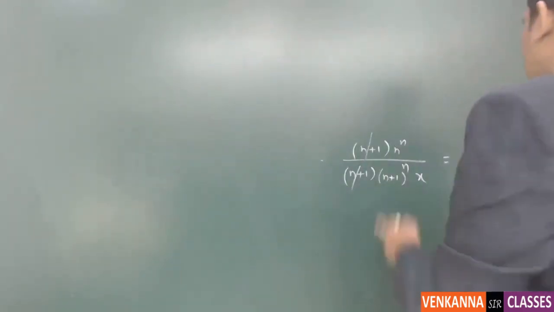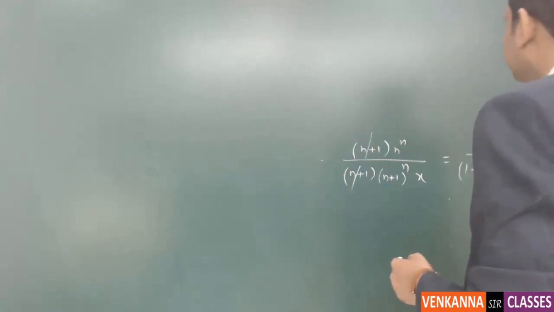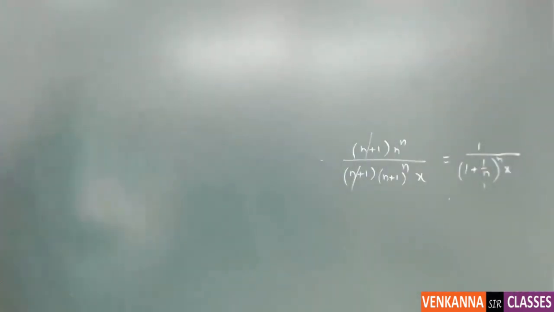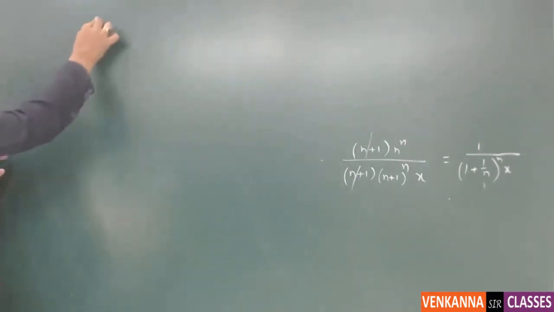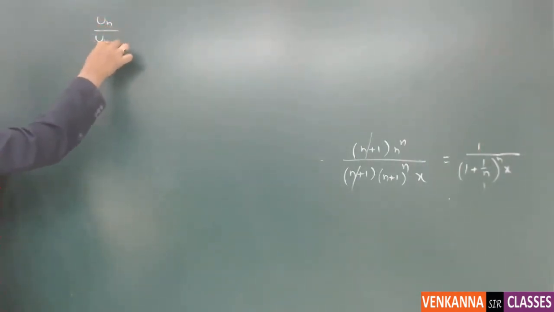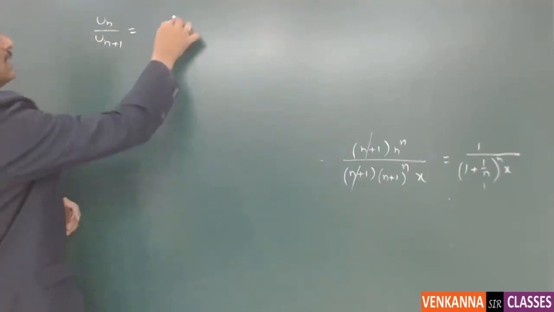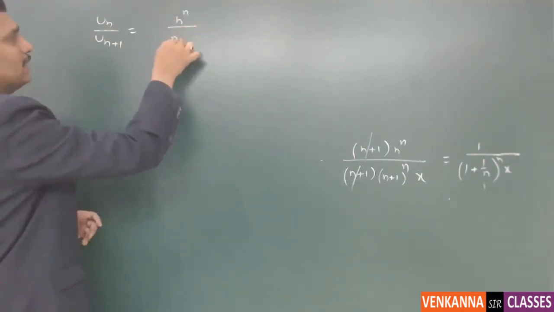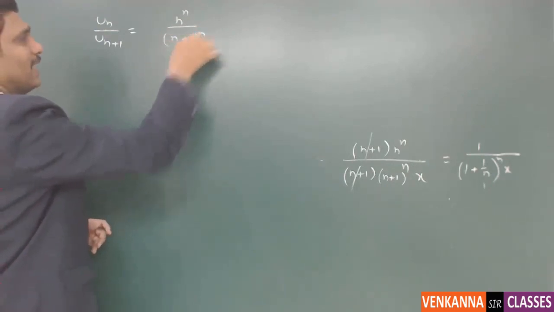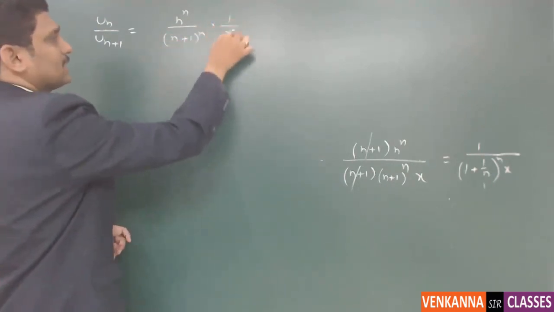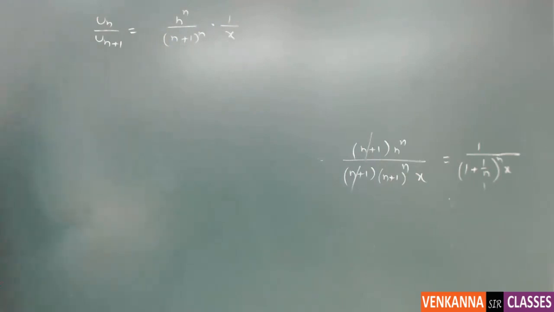So I will take the part here. So if you actually calculate un by un plus 1, from this part, its value is n power n by (n plus 1) whole power n into 1 by x. Accepted?